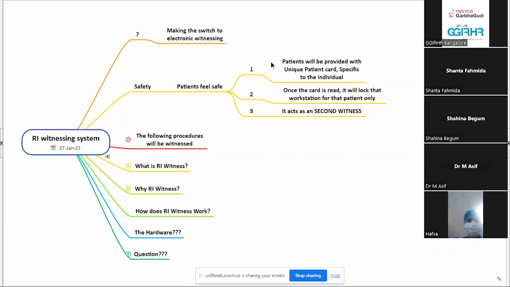When we explain this to the patient, they can also witness this. The patient will feel safe and peaceful, and can be confident that they are not going to face any problem during the procedure.